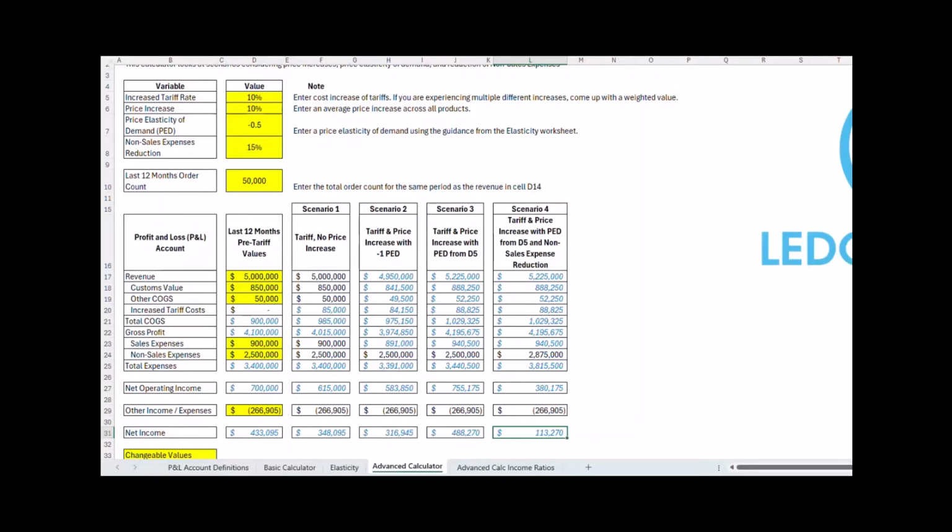Cutting costs is another way to distribute the financial impact. And lastly, if you're a wholesaler, you could consider passing some of the cost increase to those retailers as well. Ultimately, our hope is that you can use this Tariff Impact Calculator to make better decisions and strategize how best to handle the tariffs for your online business moving forward.